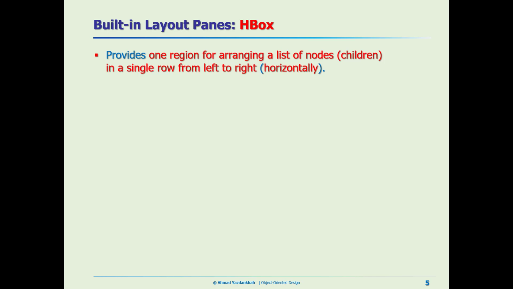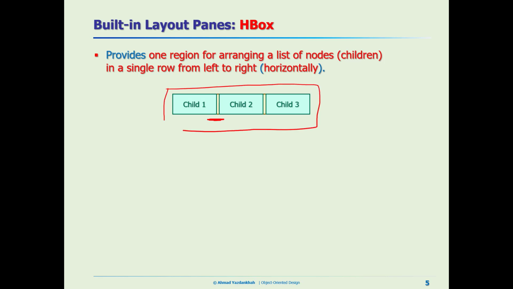For example, if this is the region, then if we add child 1, child 2, child 3, they will be added in this manner. So in this lecture, I want to add something new. Look at this: there is no space here, and in the region, there is no padding between the nodes and the edges of the region.